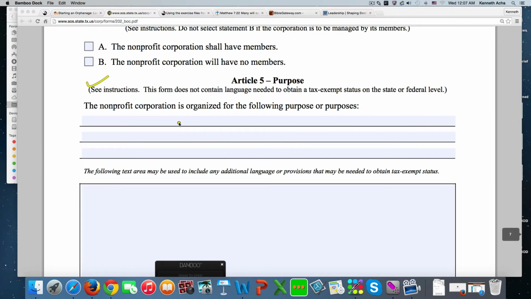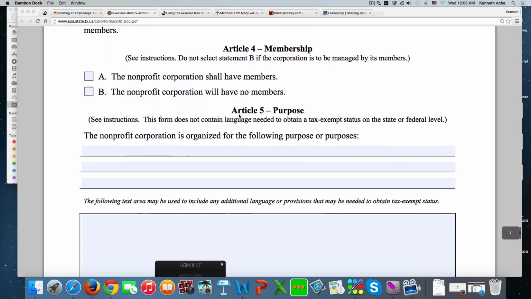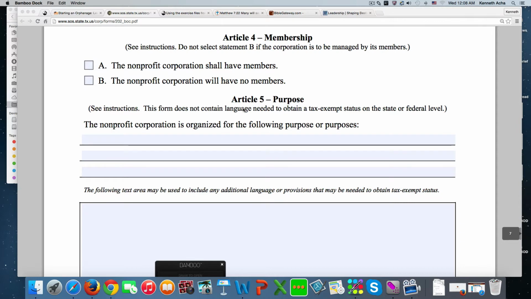Now, I encourage you at this point, because this articles of incorporation that you're filling out is going to be required by the IRS when you apply for tax exemption, the 501c3 tax exemption. When you apply for that, they're going to want to see it. I'm not going to cover filing for 501c3 in this course, because that's not part of starting a nonprofit.